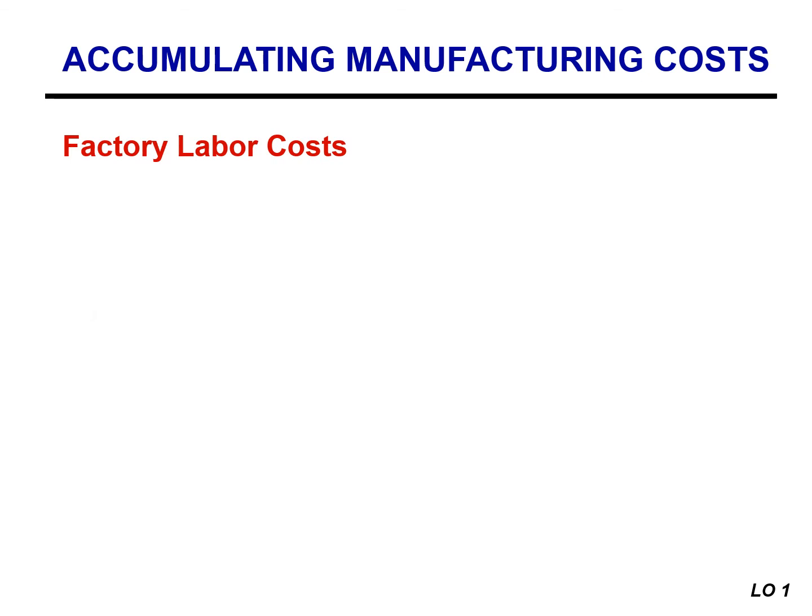Some of a company's employees are involved in the manufacturing process, while others are not. As discussed in the previous chapter, wages and salaries of non-manufacturing employees are expensed as period cost. Costs related to manufacturing employees are accumulated in factory labor so that they are included as a product cost.